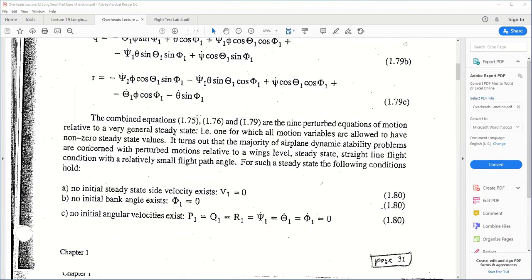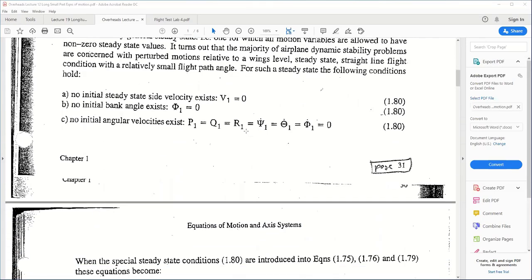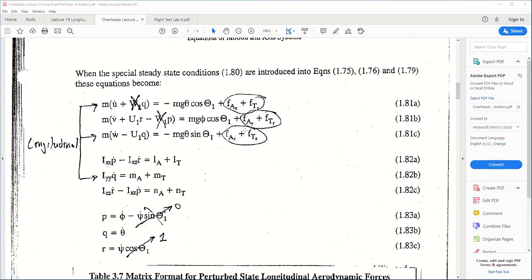So flip to the next page. And here it shows those conditions here as well. And so here are the equations that you get when you make all those assumptions. And again, we did this in chapter 1. So this is nothing new. We're just walking through what we do.